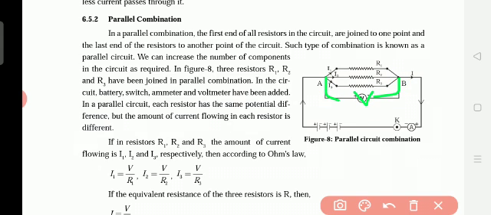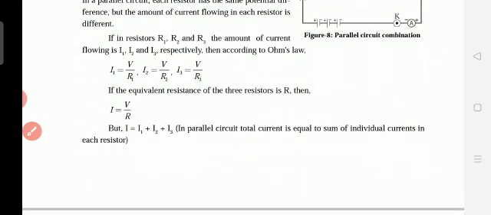That means all three resistors have the same potential difference, but in each resistor a different current flows.